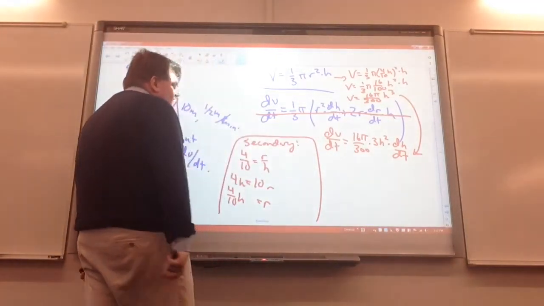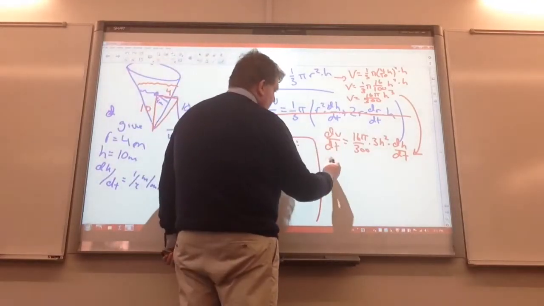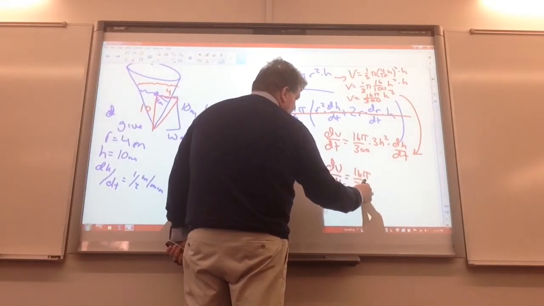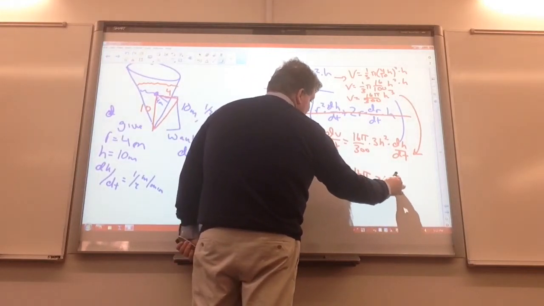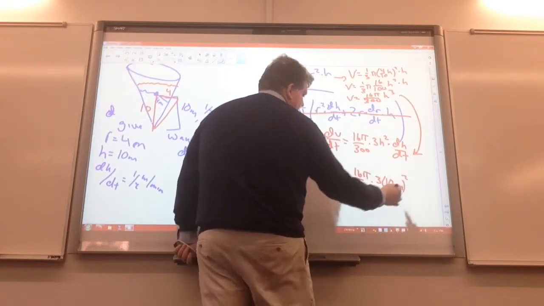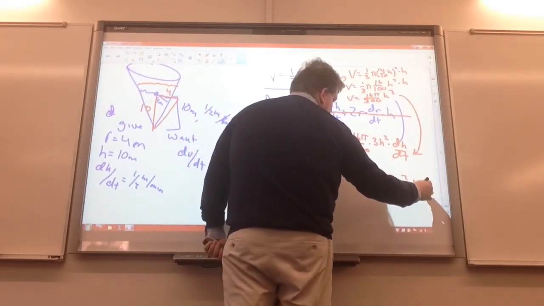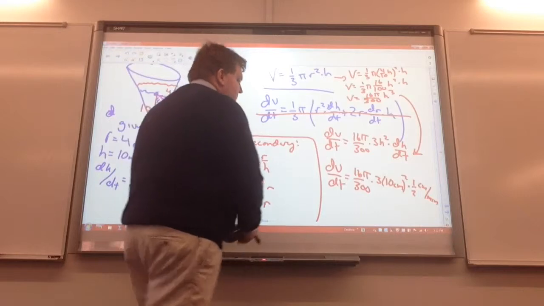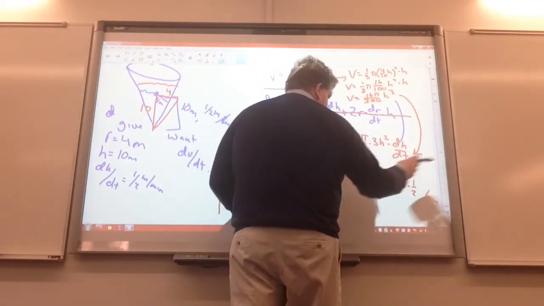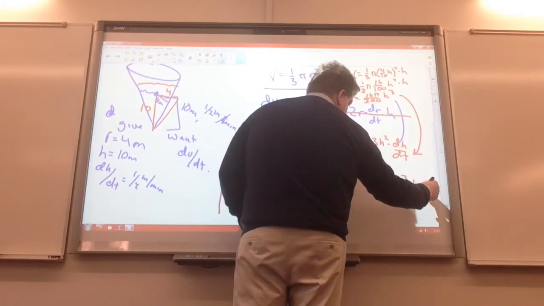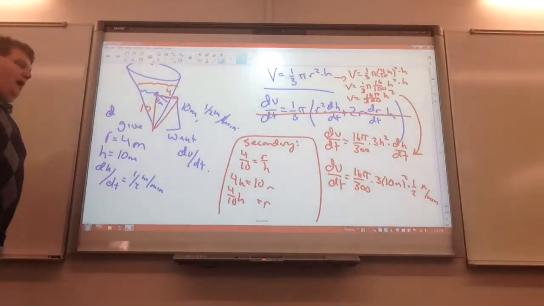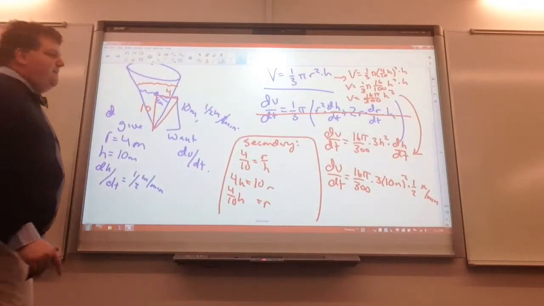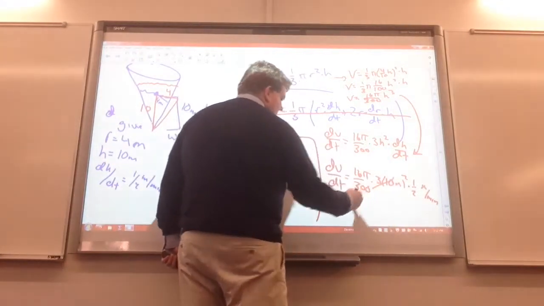Now it's just a matter of putting in numbers, and we've got all the numbers for this. dV over dt is equal to 16 pi over 300 times 3 times 10 meters squared times 1/2 meter per minute. Oh yeah, meters, sorry, I got two of these backwards. 3 times 10 squared is 300, so those cancel.